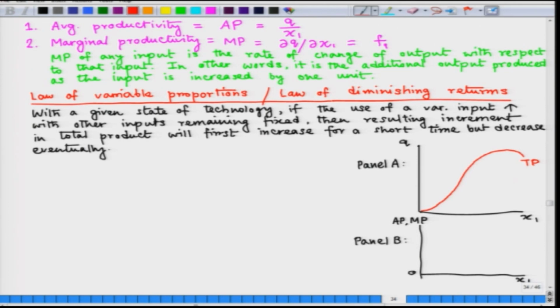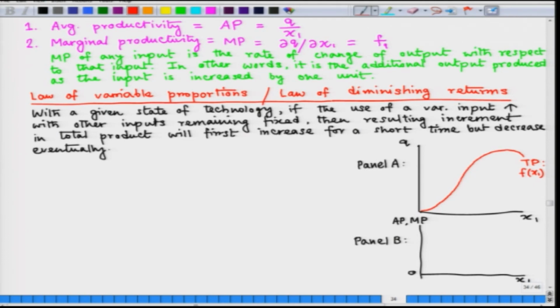So, TP is basically my production function f of x, where x2 is the given input, right. Now, note that as I move along from one point to the other point, the slope of the production function changes. So, of course, marginal product will change.